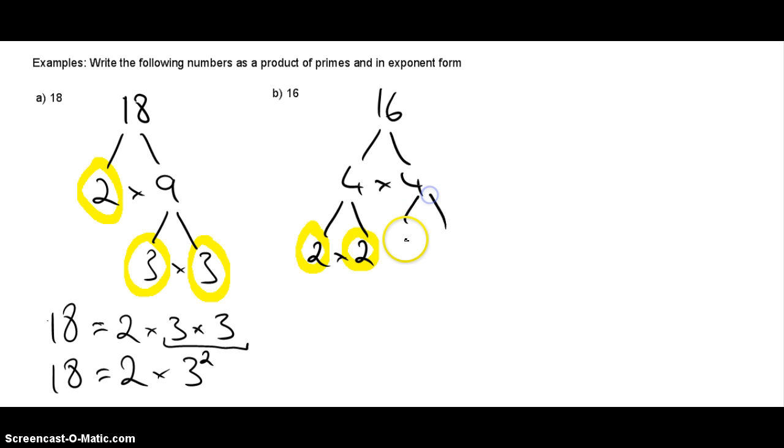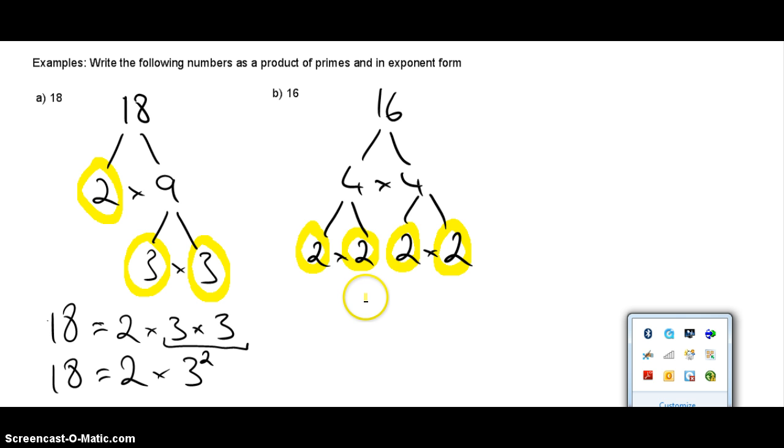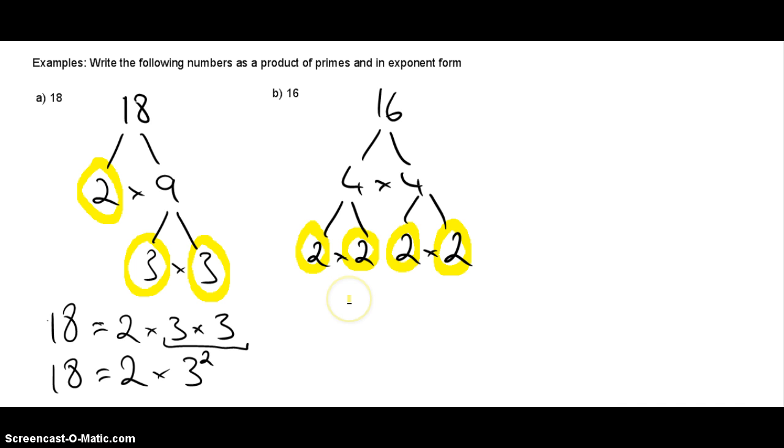And I'm going to get a very similar outcome on this one. So 4 is 2 times 2. All my numbers are now circled. So I can then write 16 in exponent form. I need an equal sign rather than a multiply.